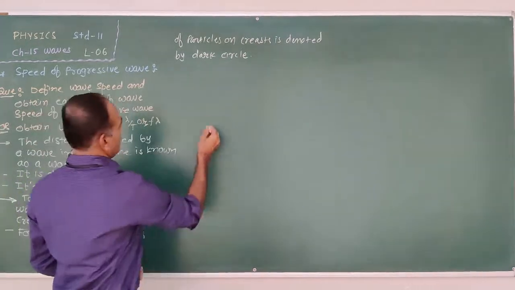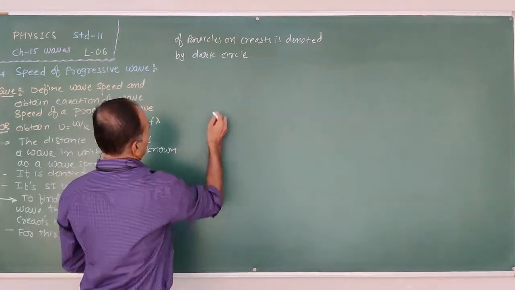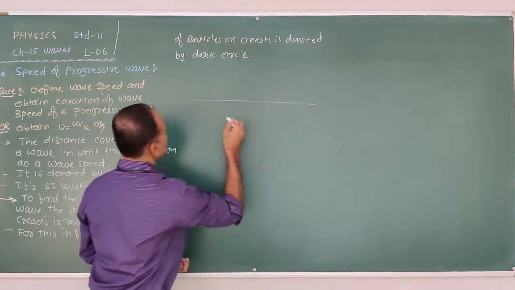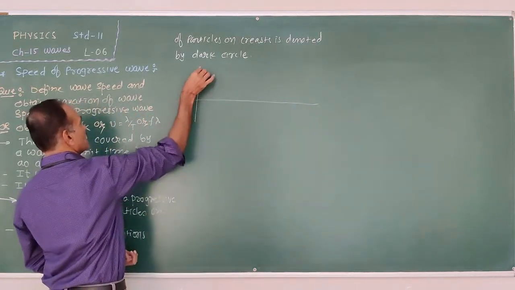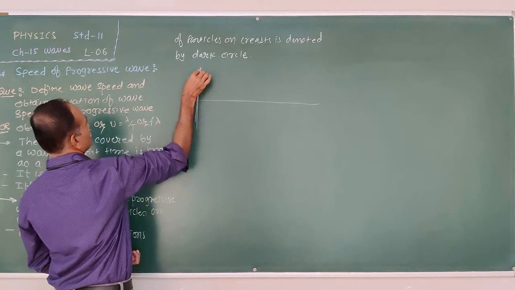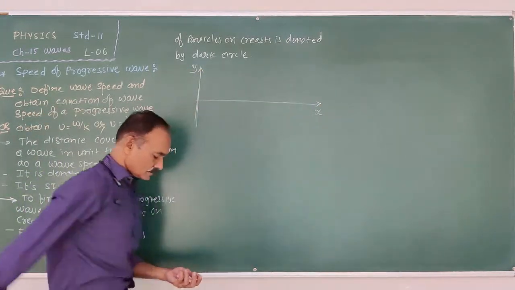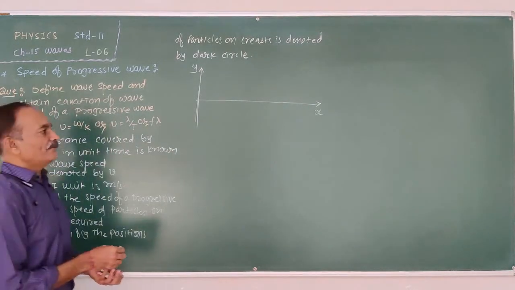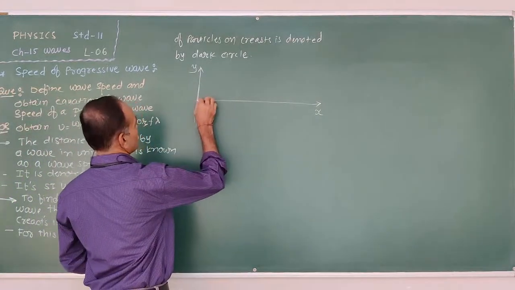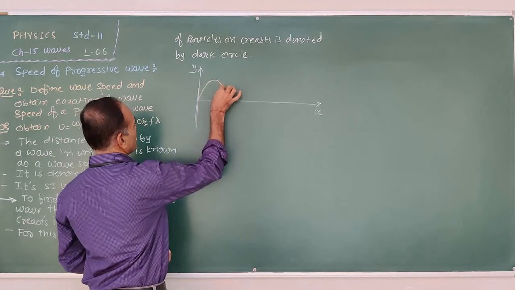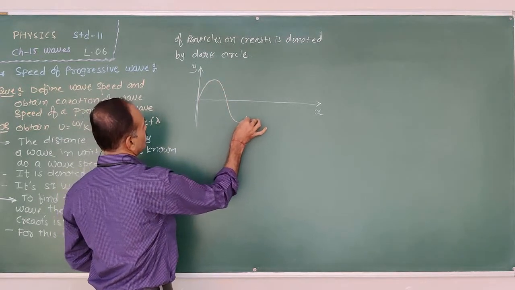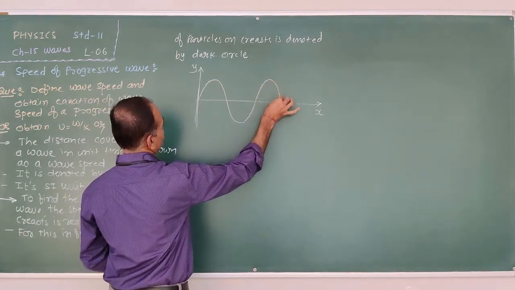As we draw the diagram, the displacement is taken along the y-axis and the position on the x-axis. At different times, the position of the particles taking part in the propagation of the wave is shown in the figure.